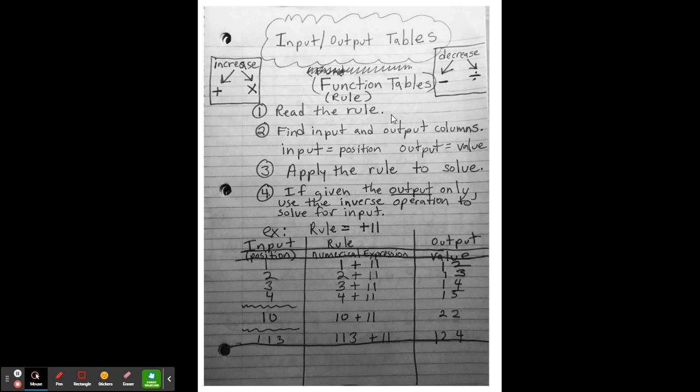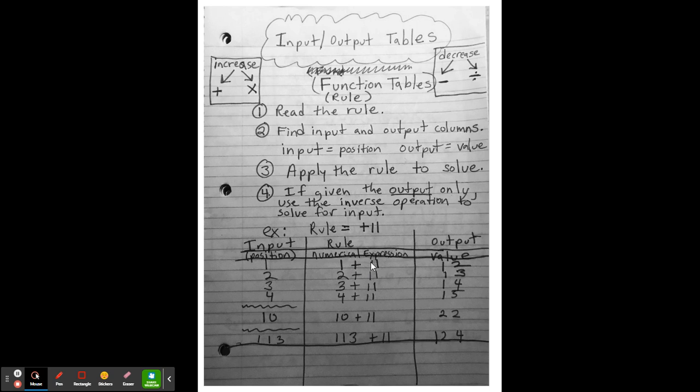After you've read the rule and you create your input output table, it's time to apply the rule to solve. If my first position is 1 and I know my rule, I would say 1 plus 11 is my numerical expression.